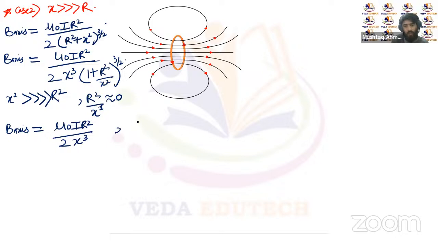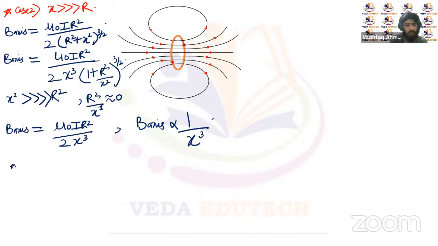Or we can say B axis at a larger distance is inversely proportional to x cube. For the smaller distance, this magnetic field is a uniform magnetic field when it's very close to the center of the ring. We'll discuss that case also.